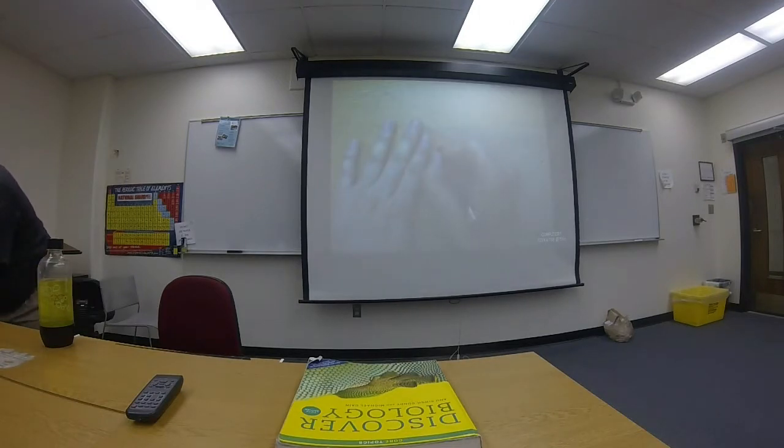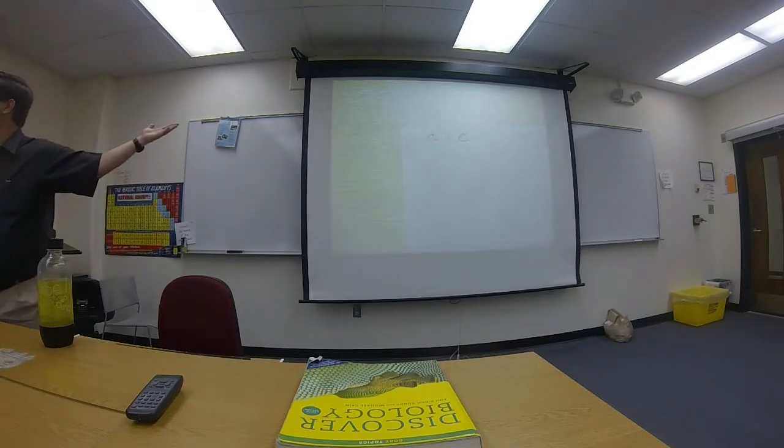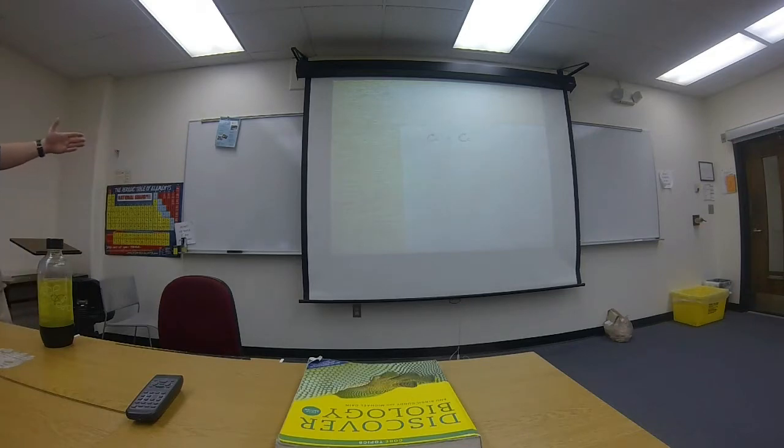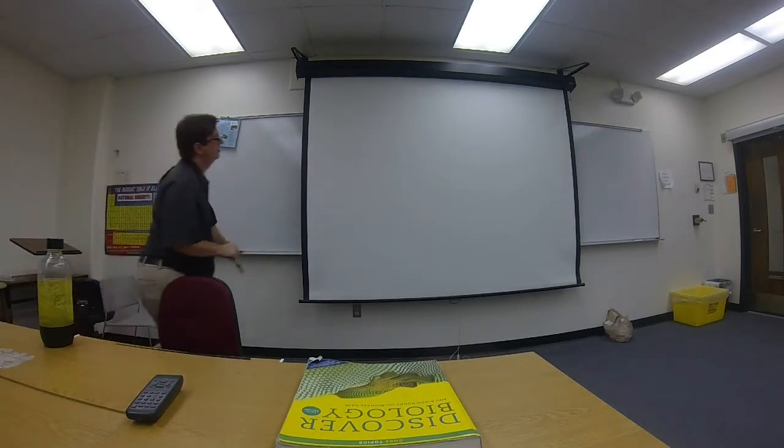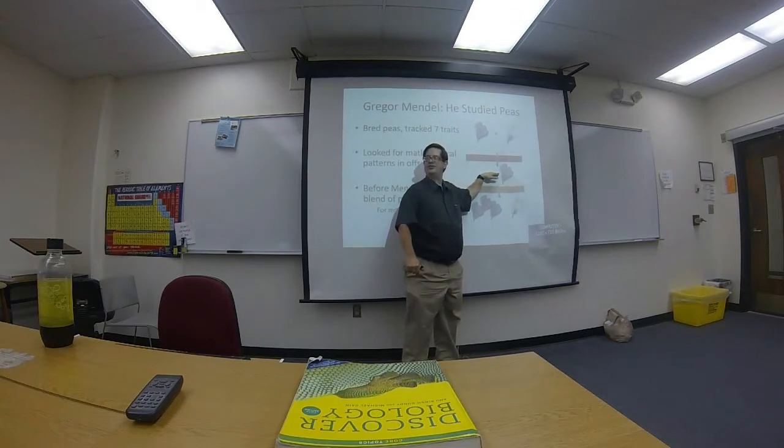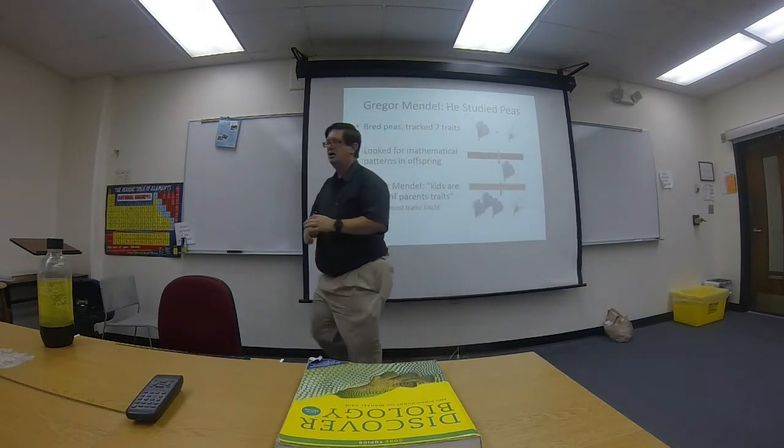So, would you agree that the dad is going to have a big C and a little c, right? A dominant and a recessive. Can you see that? All right. Would you agree that the mom is going to have a dominant and a recessive? Because they were the same, right? We were breeding two of these, so they're going to be the same.